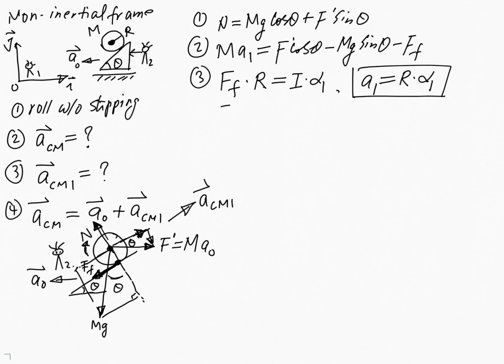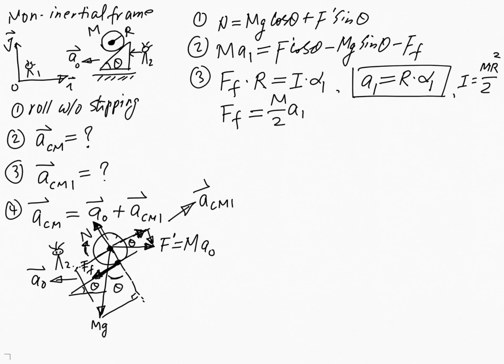If we plug that in, we can find F friction. Besides, we have I equal to m r squared over 2. Okay, that's known. So if we plug that in, we should get F friction equal to m over 2 times A1.